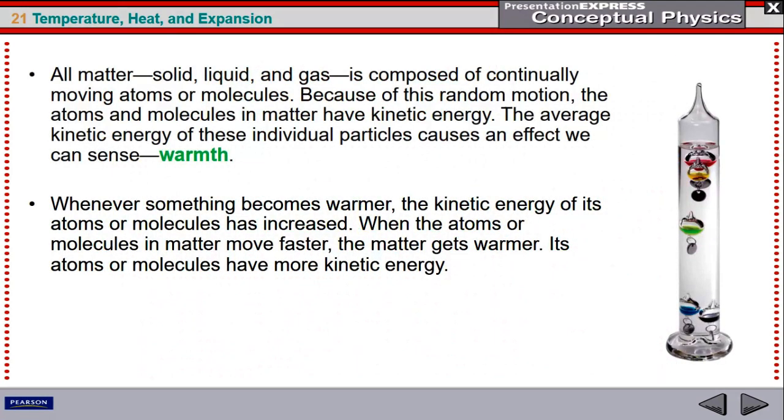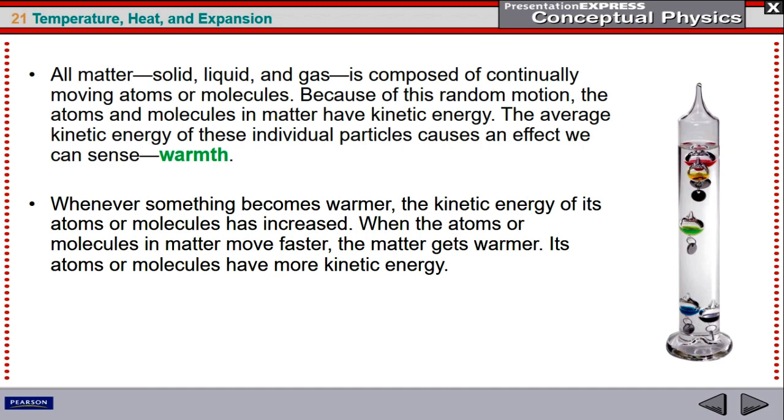As you know, all matter, whether solid, liquid, or gas, is composed of atoms and molecules. And these atoms and molecules keep moving all the time, so they have kinetic energy. Now, the average kinetic energy of those particles causes the effect that we sense as warmth.